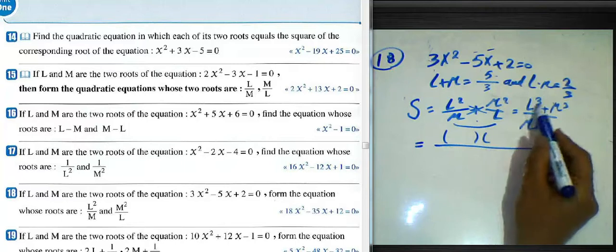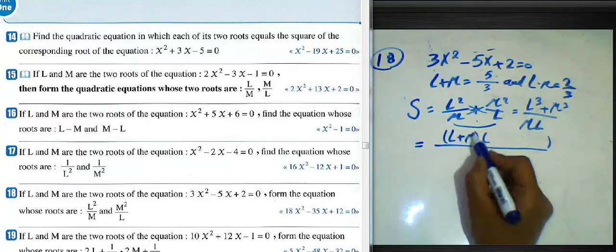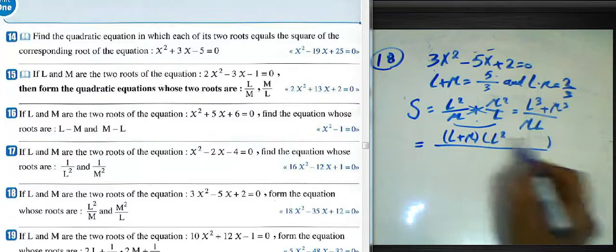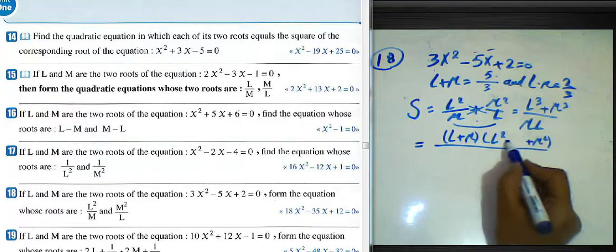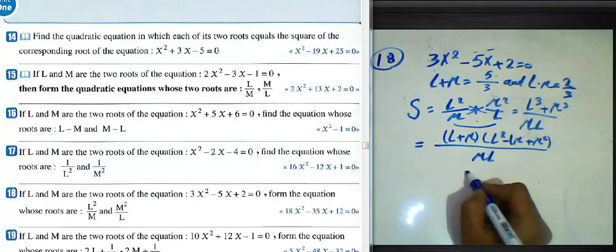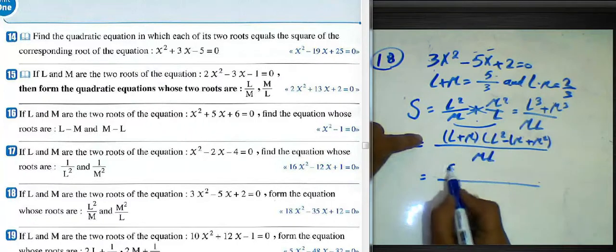The cube root of L³ is L, plus the cube root of M³ is M, then L² and M², and we write negative here L times M, over M times L, and then we can find L plus M equals 5 over 3.